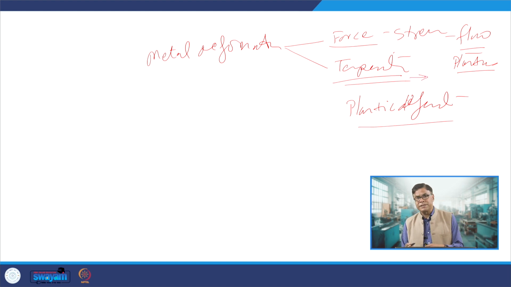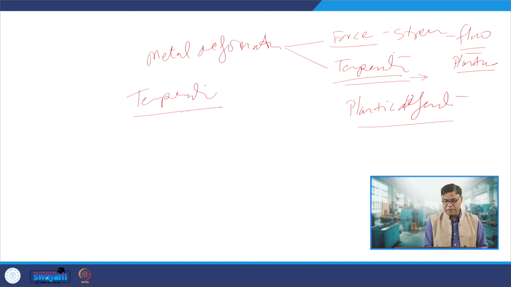Higher the flow stress, higher will be the force required. So, if we increase the temperature, the flow stress will be reduced, the force required to cause the plastic deformation will be reduced, and therefore, the temperature forms a very big basis or parameter to group the various metal deformation based processes.